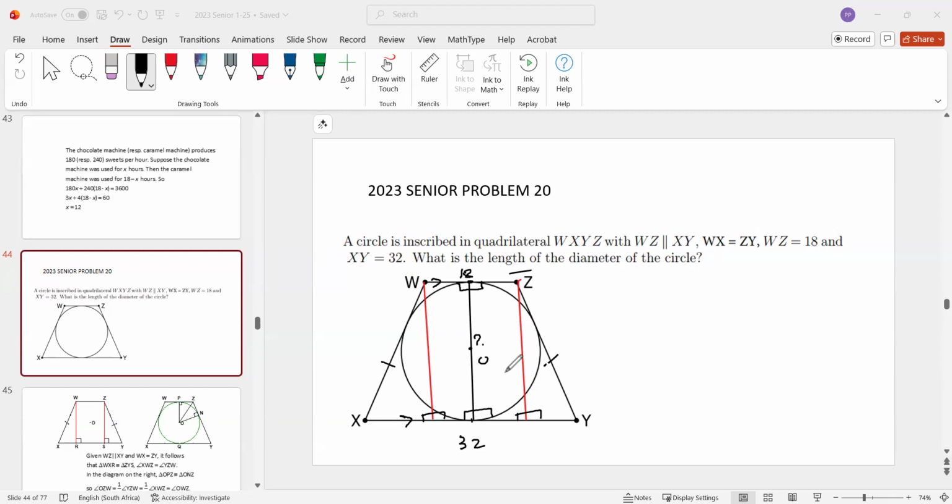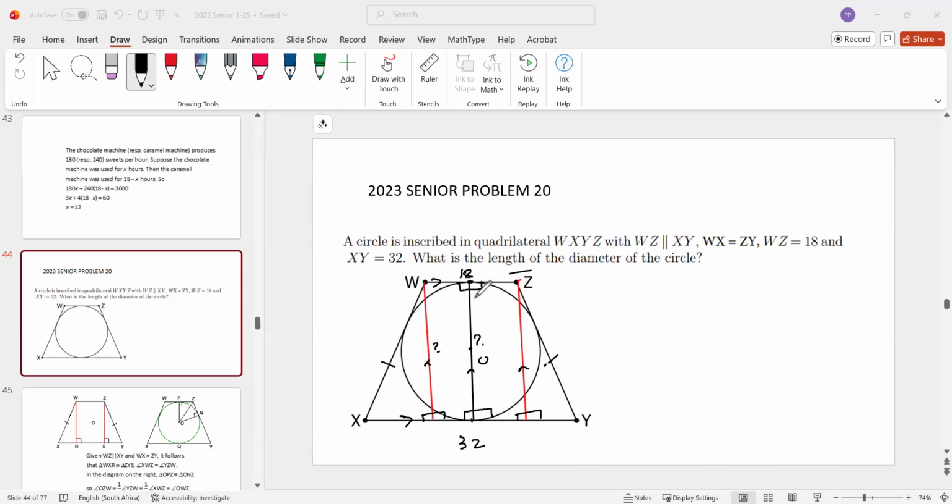They're both perpendicular to the same line. So all these three lines are parallel. The co-interior angles, if you like, are supplementary. So therefore, all these lines are parallel. Okay. So these are rectangles. These two are rectangles. So this diameter is the same as the red line. So I need to calculate this red line here.